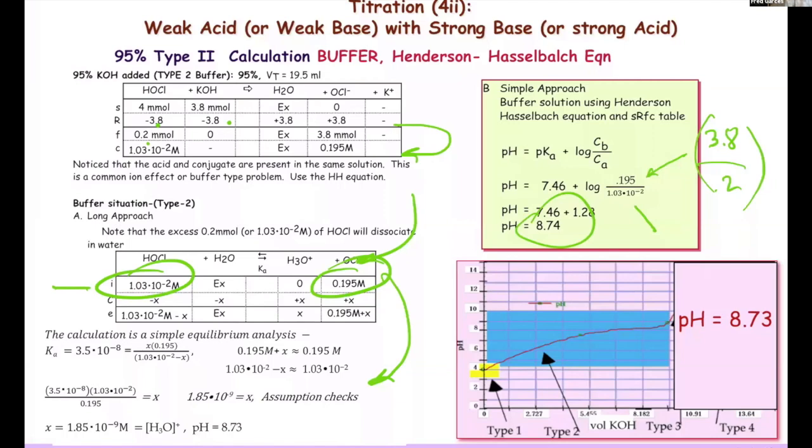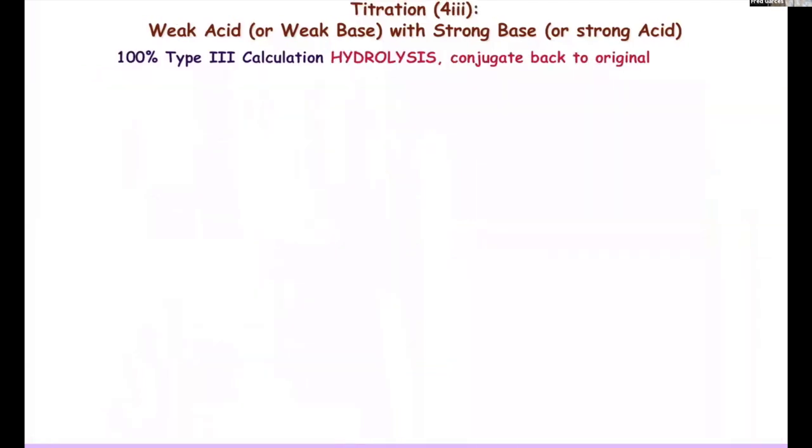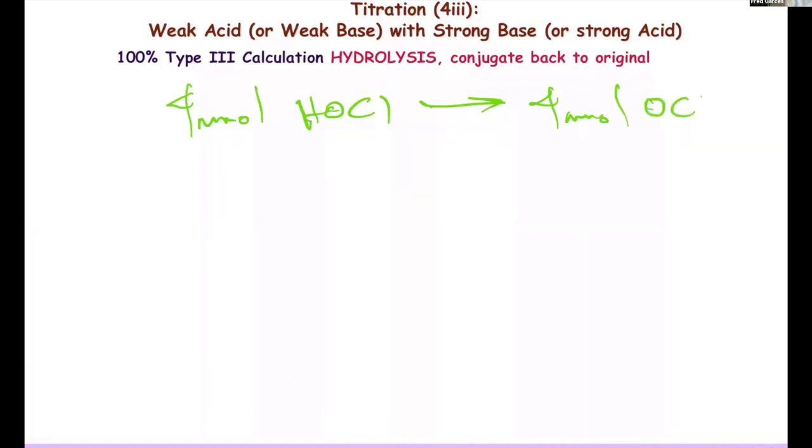Okay, so let's take a look at what happens when we reach the equivalence point. At the equivalence point, all that acid, all that 4 millimoles of acid has now converted to 4 millimoles of conjugate base. Why? Because at the equivalence point, there are equal amounts of base and acid.